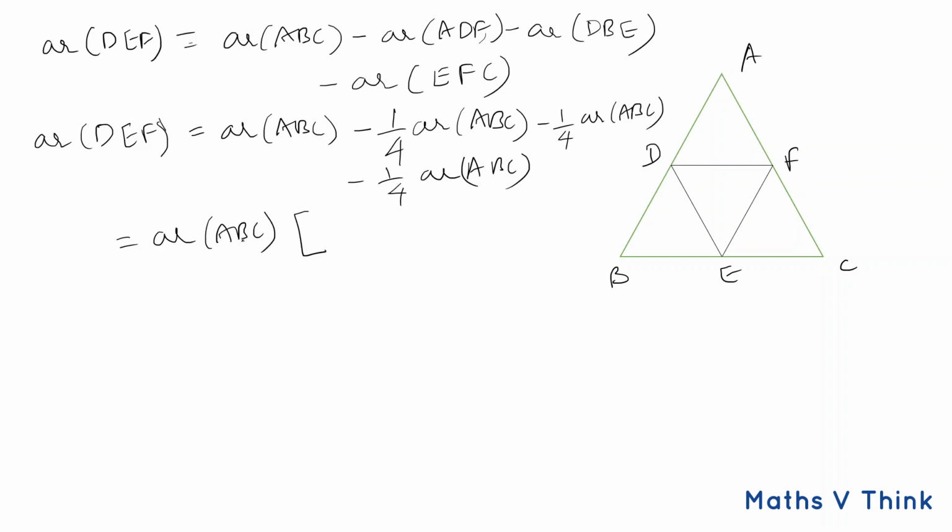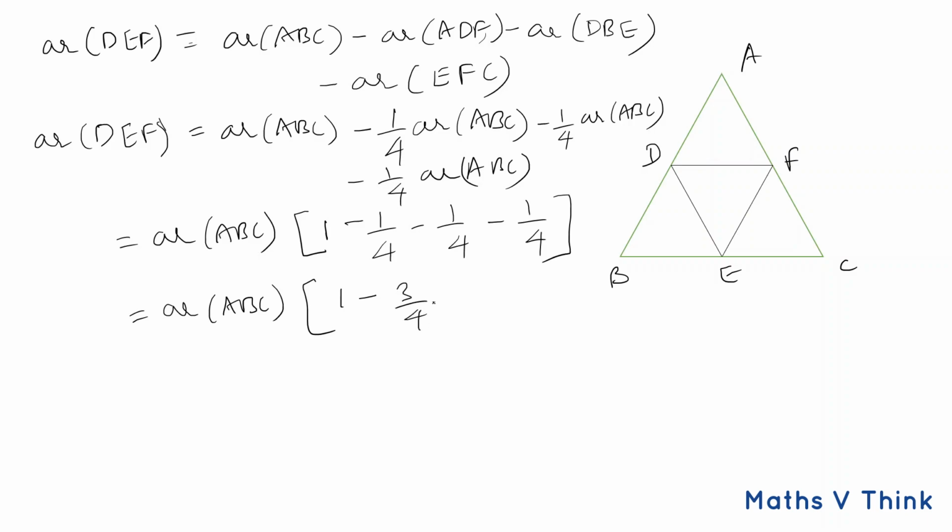When I take area of ABC outside, it is 1. 1 by 4 minus 1 by 4, same way minus 1 by 4 is equal to area of ABC. So 1 minus 1 by 4, 1 by 4, 1 by 4 is 3 by 4.